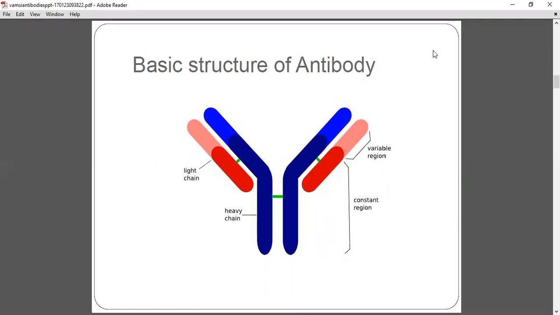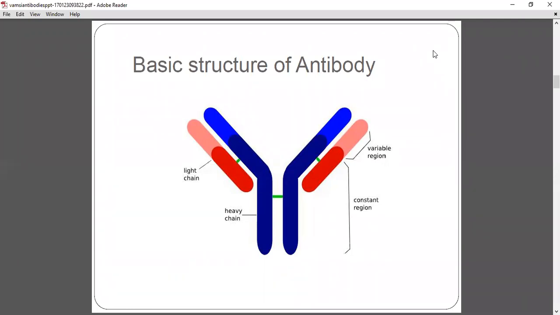The green little lines you see are called disulfide bonds, and they are very, very strong. In any kind of biomolecule where you have disulfide linkages, they bring strength to a tertiary or quaternary structure.